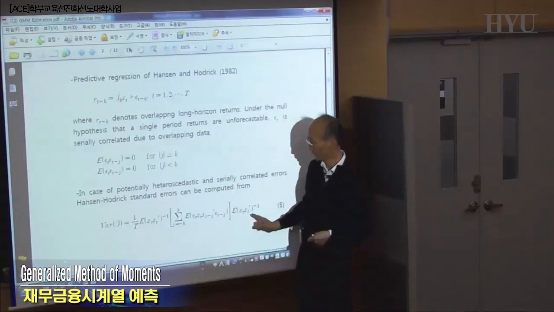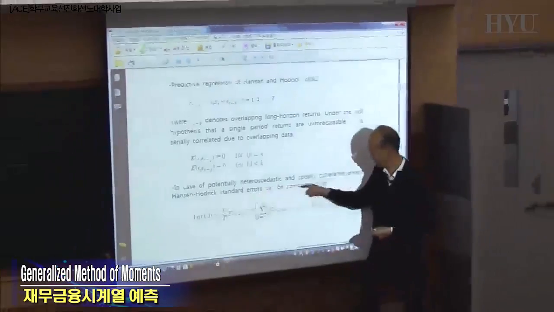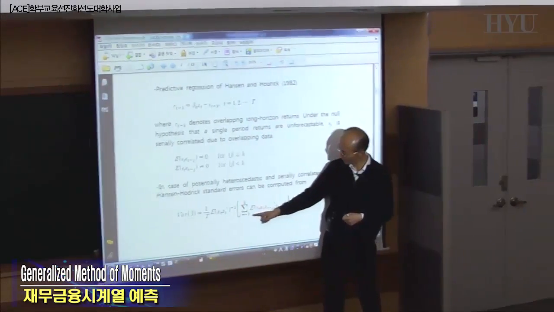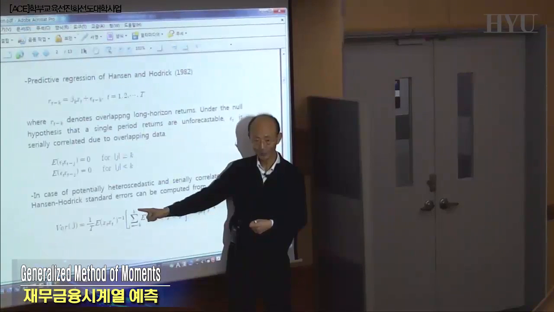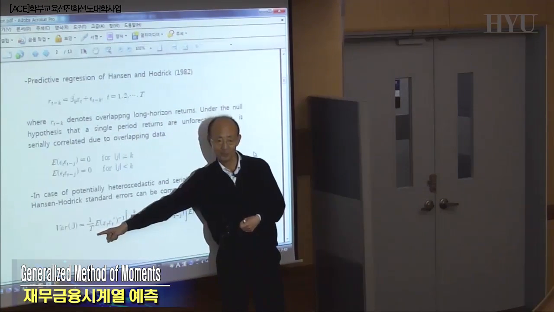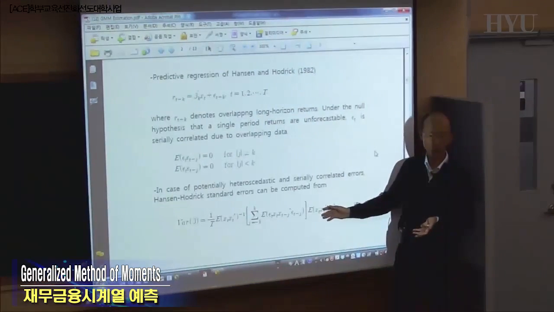So in evaluation of the general variance formula, you need to worry about from minus k to k. Usually k is less than capital T. So this is another operational version.